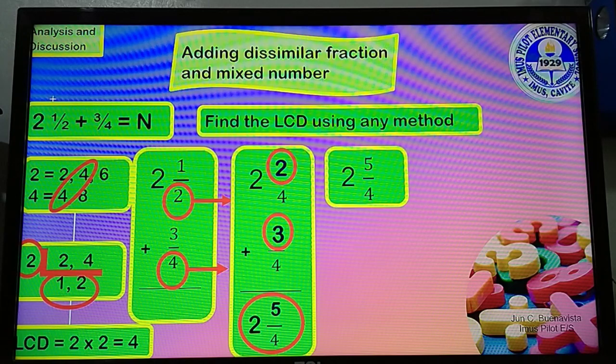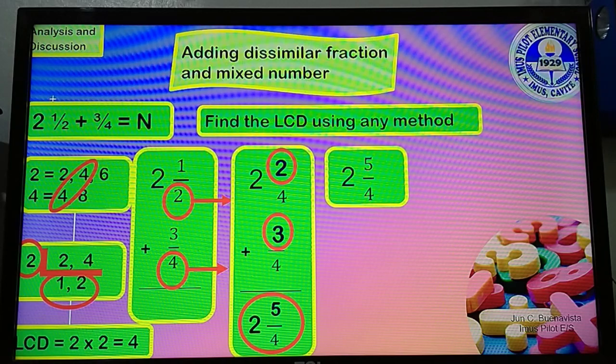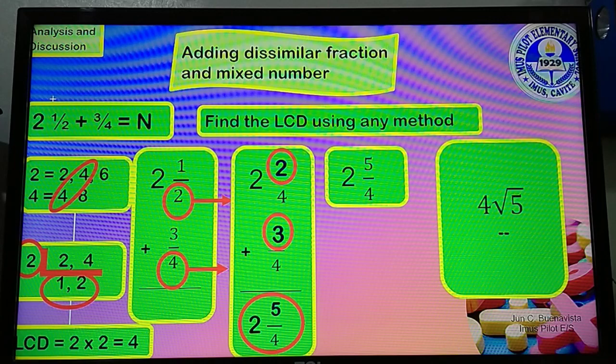So, we are going to divide 5 by 4. We divide the numerator by its denominator. So this is how to do that. 5 divided by 4 equals 1. 1 times 4 equals 4. Then 5 minus 4 equals 1.